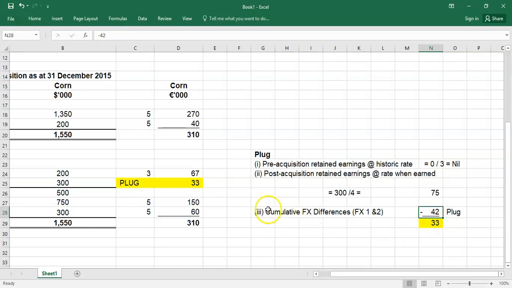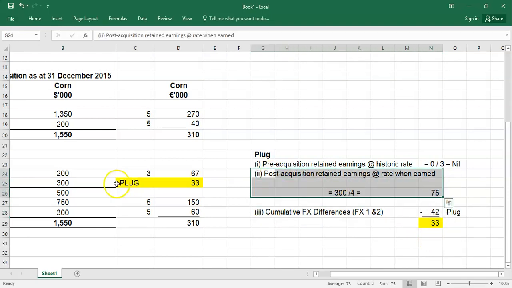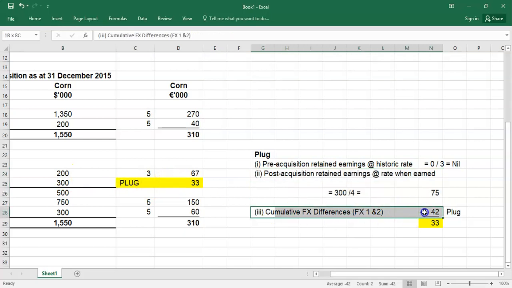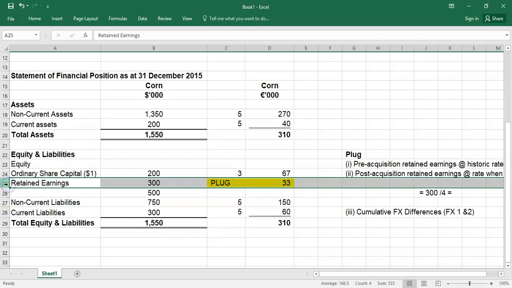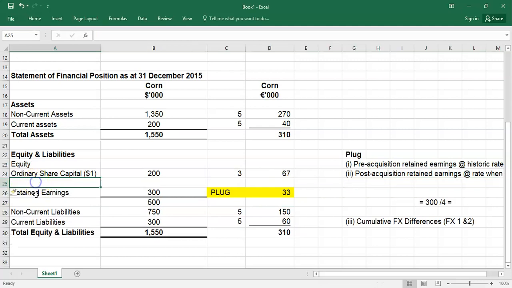But for now you must show, well, in there now must be retained earnings, which is going to be shown separately. And then cumulative FX differences is going to be shown separately as well. So actually what's going to happen is you're going to be splitting this out, and you're going to say retained earnings is going to be 75, and you're going to say FX differences, because it has its own line item in the equity section, is going to be minus 42.